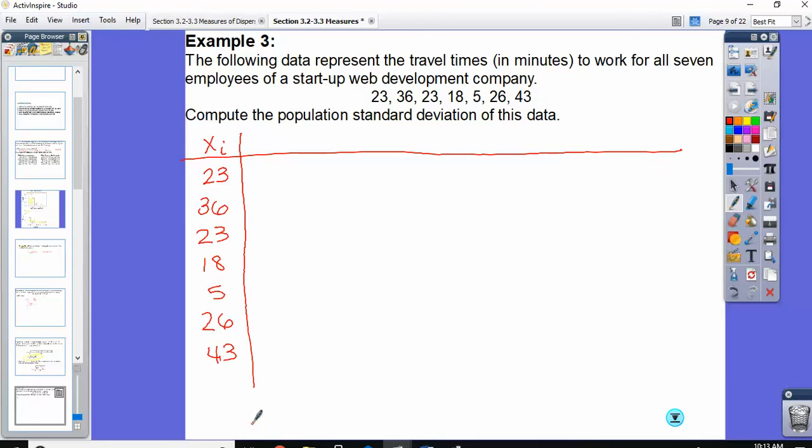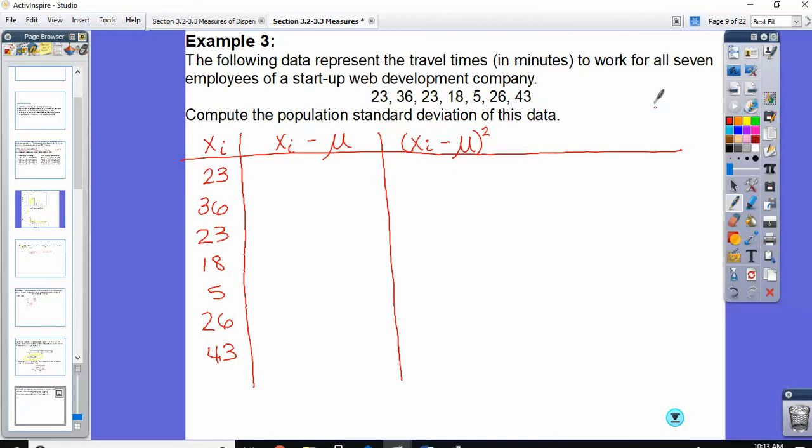If I'm using the first formula, for each of those values, if you look at your formula, it says you have to subtract the mean. So I'm going to do that value minus the mean and get an answer. And then we have to square that number and get an answer.